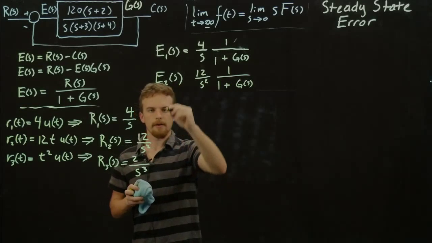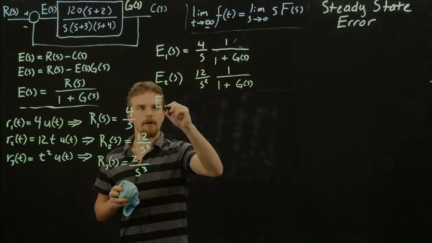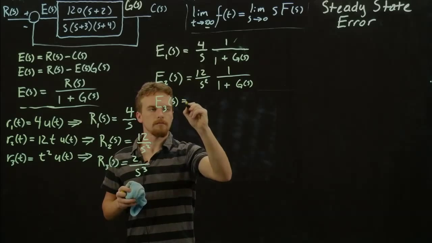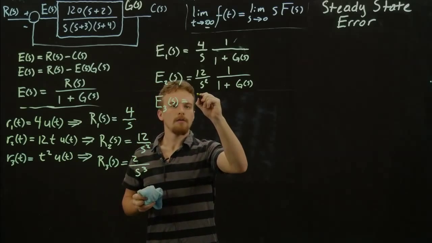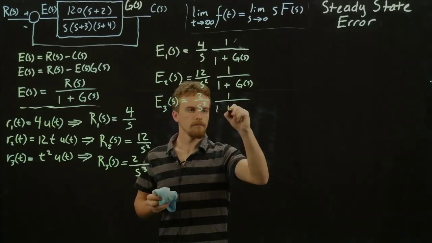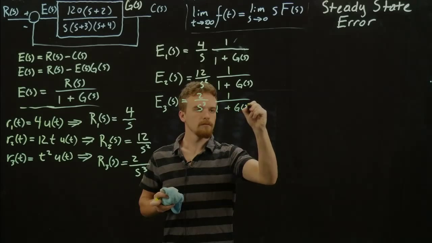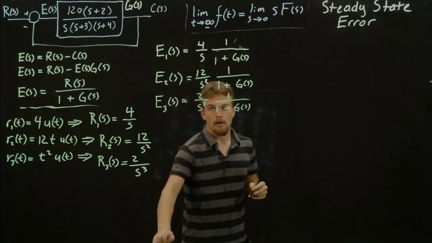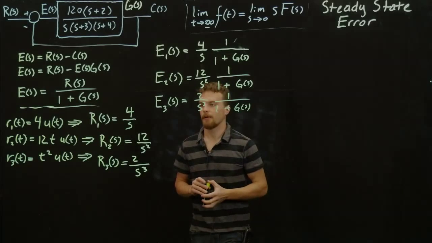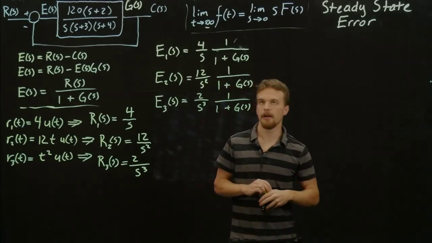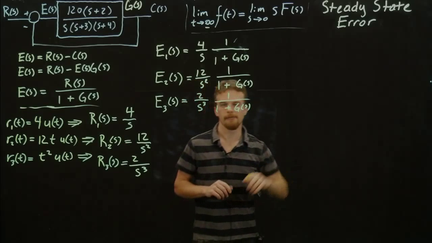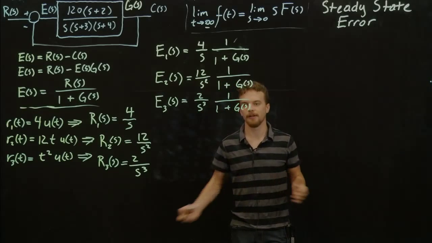And finally, for our third input, we'll have an error. Okay, now we have 3 different expressions for 3 different errors that we get from applying 3 different inputs. And now we'll do the final value theorem with all 3 of these expressions, and we'll see what the errors from all these inputs look like.